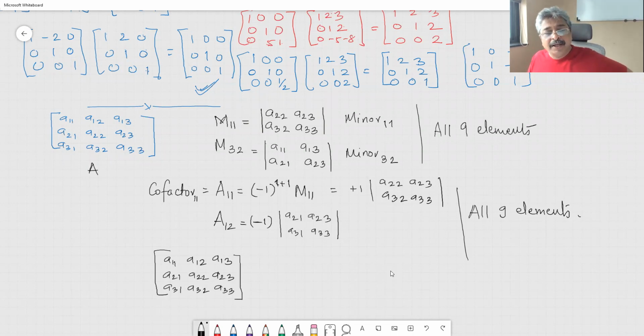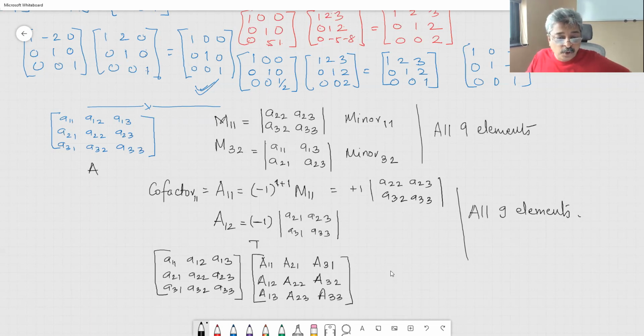If we multiply it by the transpose of the cofactor matrix, that means A11, A21, A31, A12, A22, A32, A13, A23, A33. What is this? Transpose cofactor matrix.